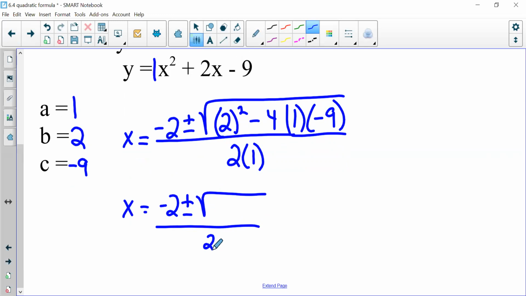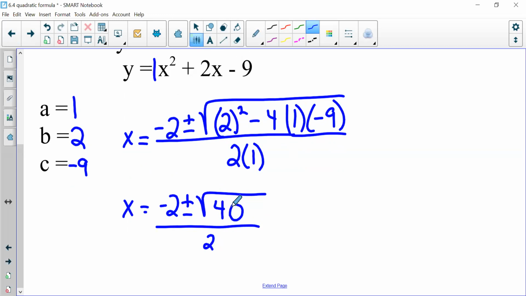Most of this formula is actually going to just be getting used to your calculator. I got 40. So check to see if you can do that on your calculator.